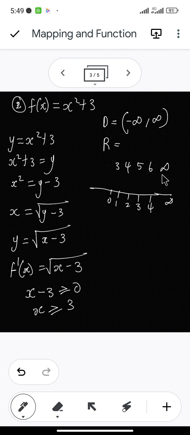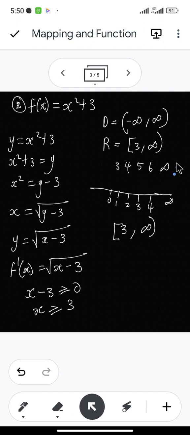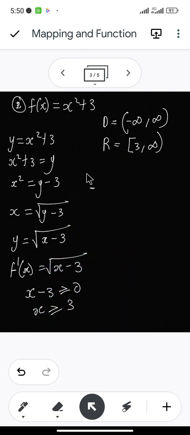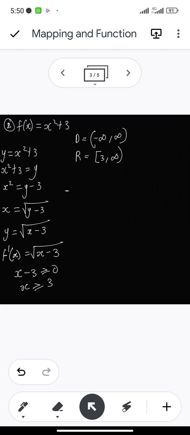In order to represent this in interval notation, we can use a bracket to show that 3 is included, and then use a parenthesis for the infinity sign. So this is 3 to infinity. You can also denote these in set builder form. It's just a personal choice. So these are the domain and range of this particular question.